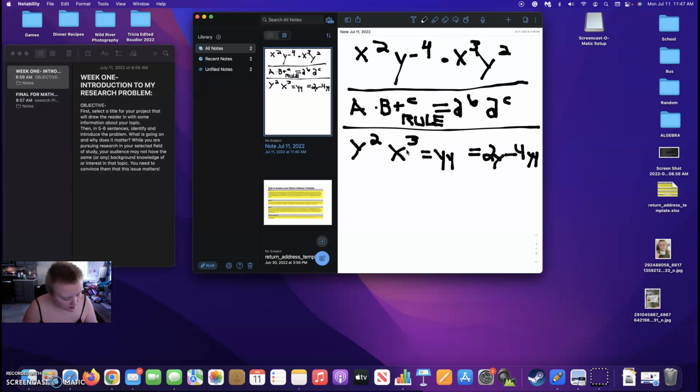So, let's see, when I simplified it down, which is y to the second minus y to the fourth. Bear with me a second, I'm just going to make sure this is correct.